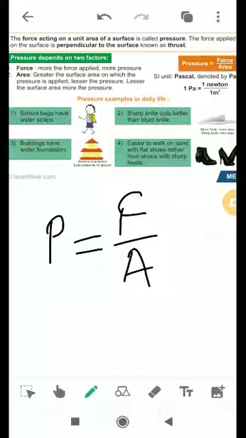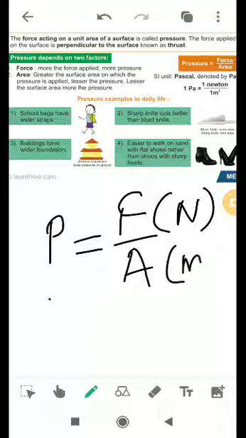So what is the unit of pressure now? The SI unit of pressure is Newton per meter square, which is also called Pascal. Okay, because the unit of force is Newton, which is denoted by N, and area is meter square, which is denoted by m².